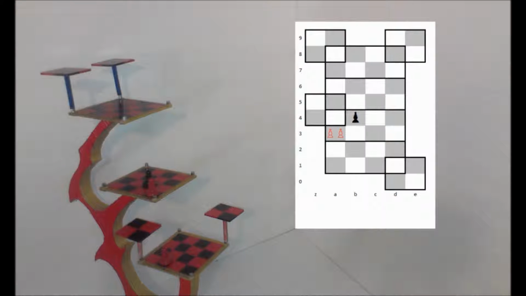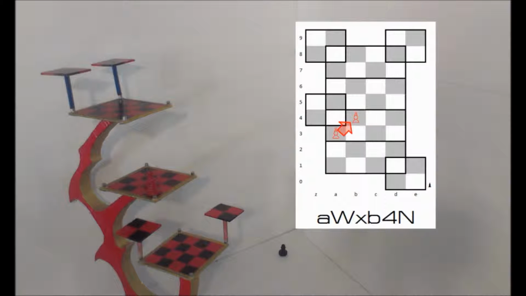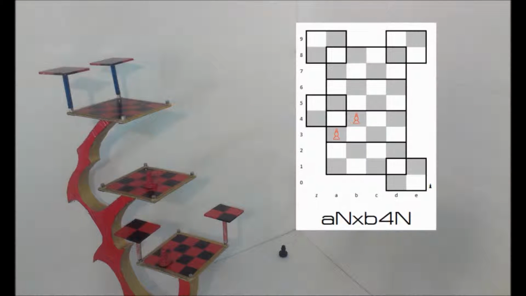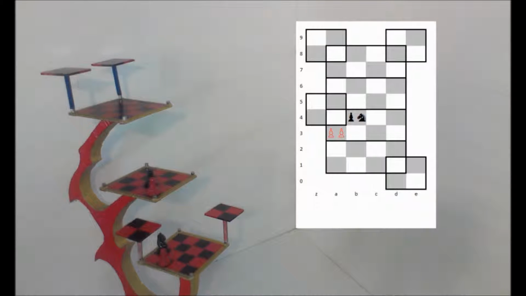If a black pawn or piece is captured on the square B4 neutral, the notation for white's move is either A white takes B4 neutral, or A neutral takes B4 neutral, as the case may be. In this example, white has pawns on A3 neutral and A3 white.